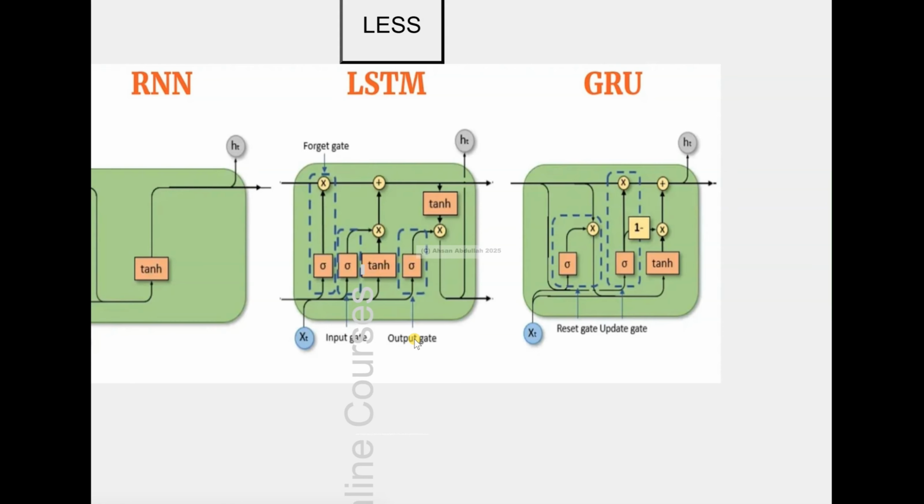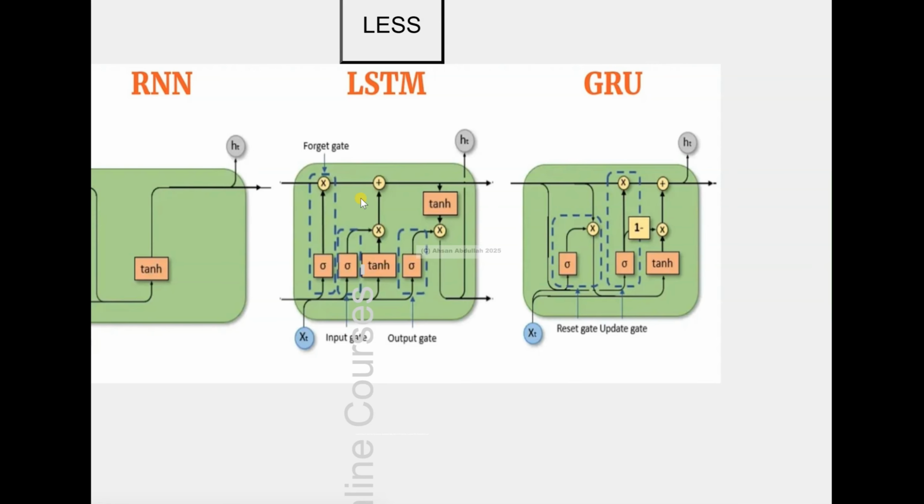At each time step t, the LSTM receives the input vector, the hidden state from the previous time step, and the cell state from the previous time step, and the forget gate decides what information to discard from the cell state. There is the sigmoid activation, the weights, the bias, and so on.